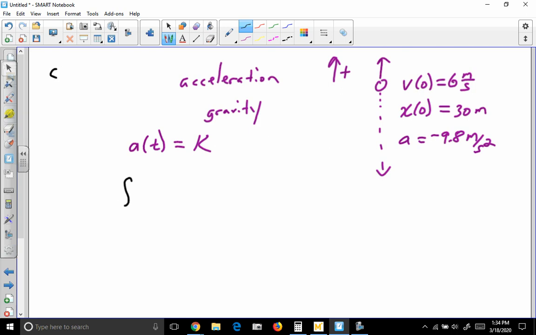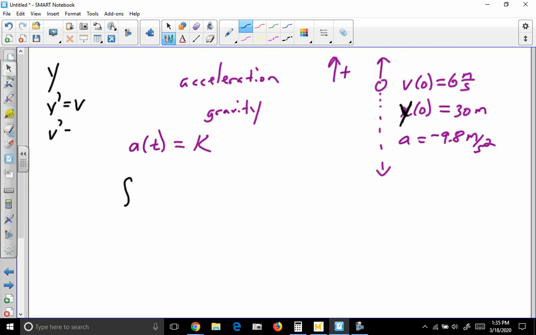remember that if, let's just call, if I used x here, let's actually change that to y. If we have our height as y, if we take the derivative of that, the derivative of position is velocity. That's how fast position is changing.